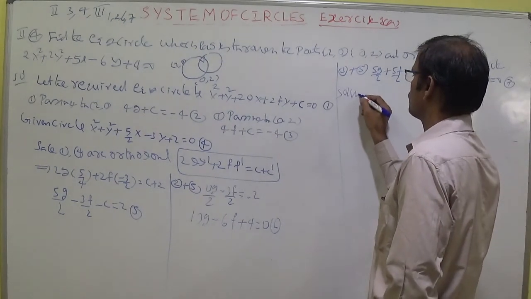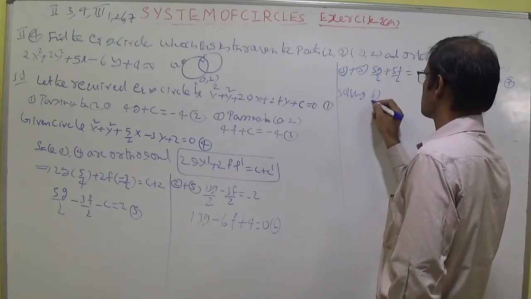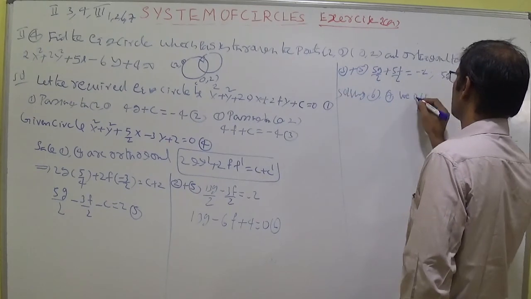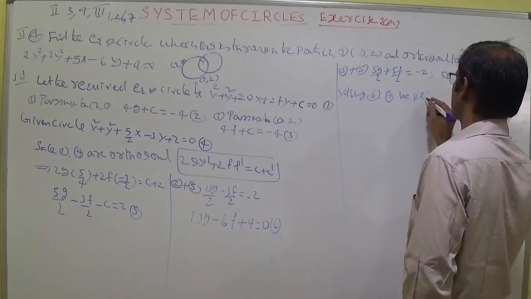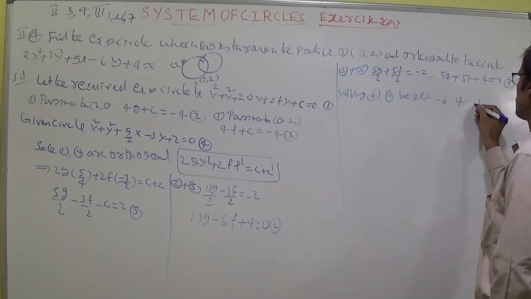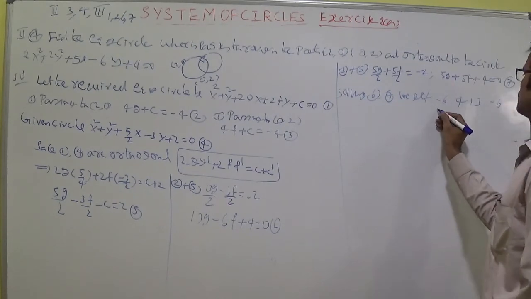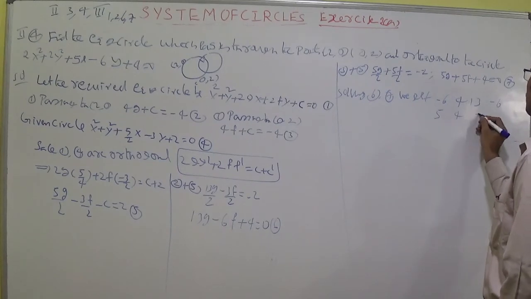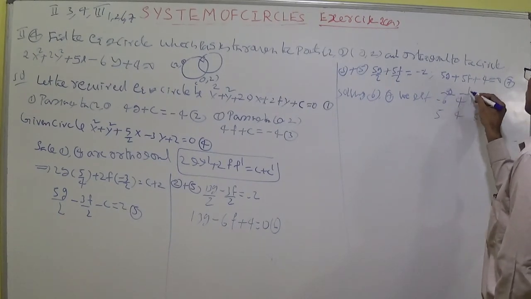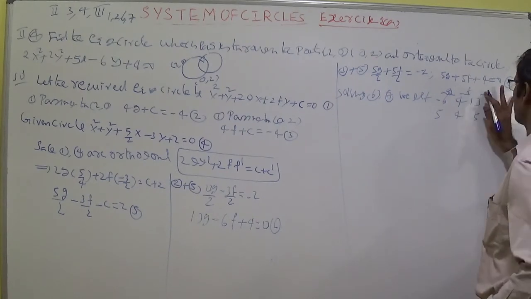Now solving 6 comma 7, we get the answer as minus 6, 4, 13, minus 6, 5, 4, 5, 4. This is for G, this is for F, this is for 1.